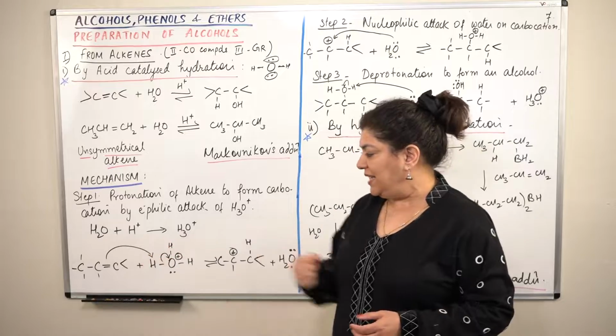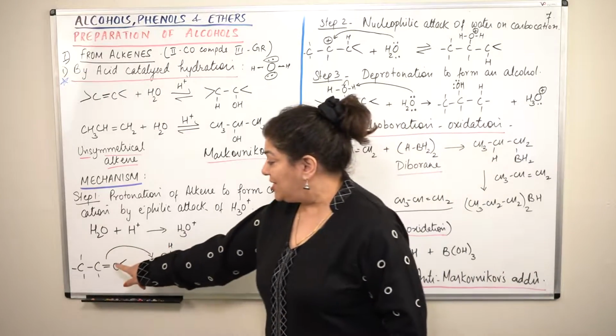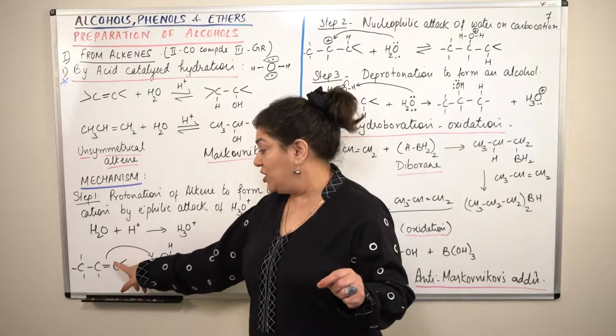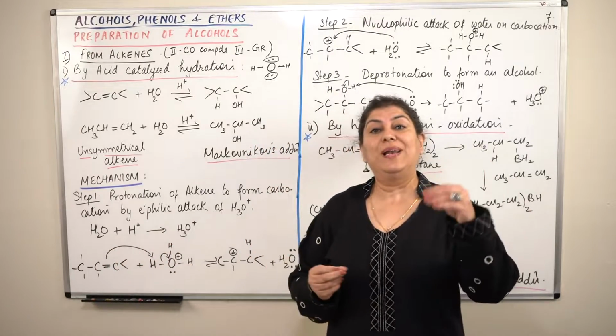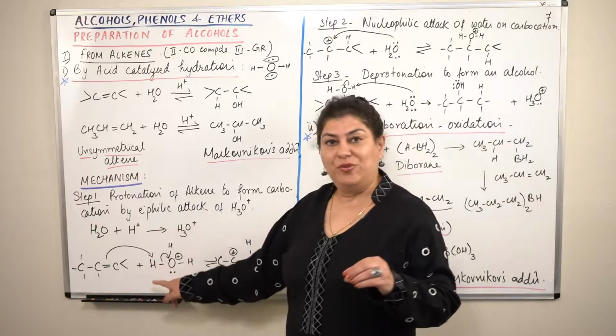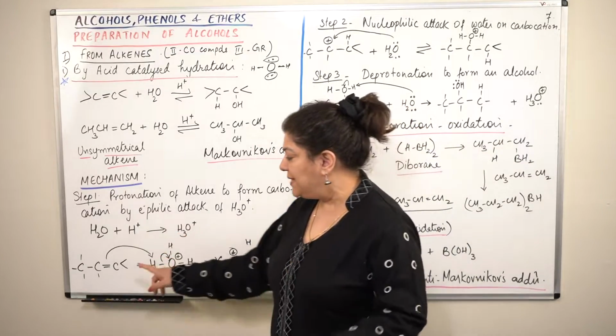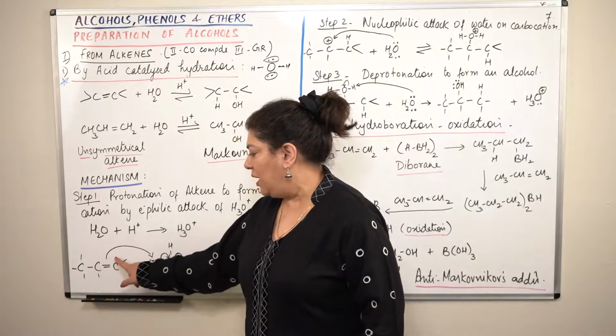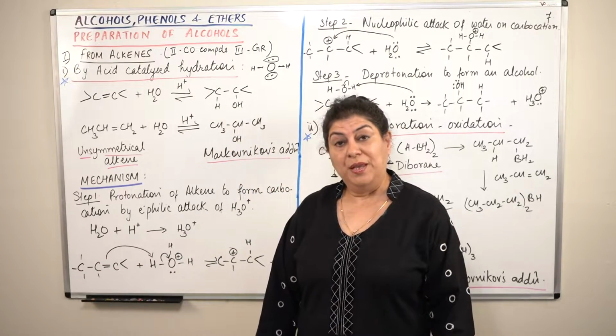So oxygen takes back that electron, but this time the pi electrons of the carbon-carbon double bond provide the 2 electrons to hydrogen to attach the hydrogen. Now what happens here also? Both the carbons, when this bond breaks, 1 electron goes to this carbon, 1 electron goes to this carbon.